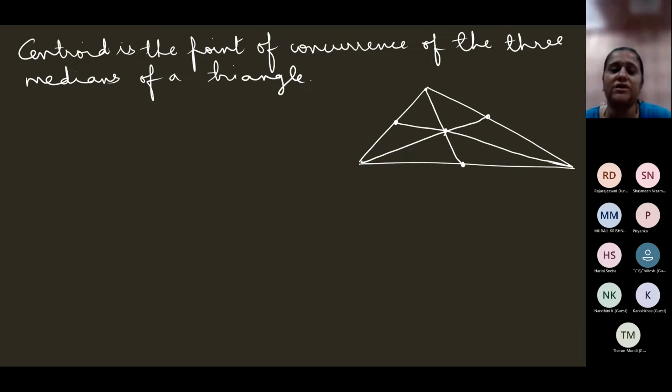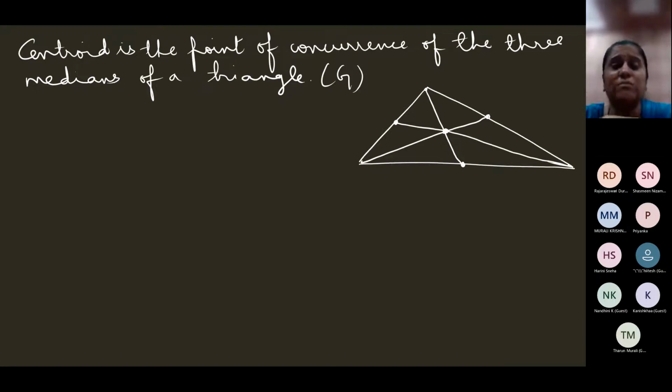The medians of a triangle are concurrent. They will go through the same point, and that is given by the letter G. G is the letter used to denote the centroid of a triangle.